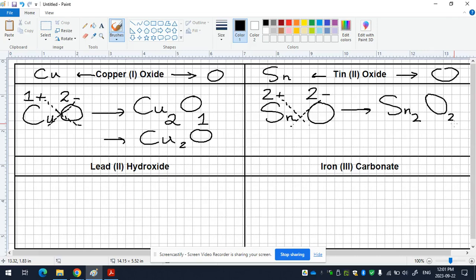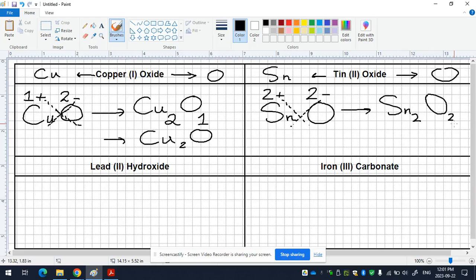So think about it this way. I'll prove to you that this should not be your final step, and I'm going to use the coins. Okay. I am Sn. How many coins do I need? 2, because I'm going to lose them. 2 coins. Okay, I have 2 coins. I'm Sn.